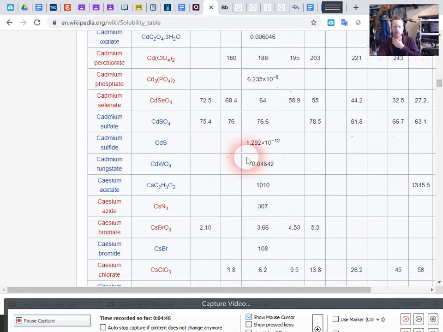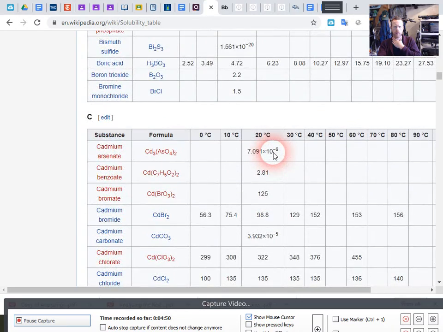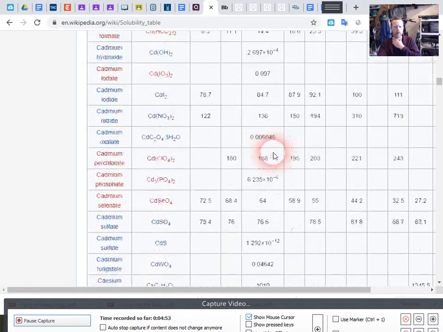Cadmium sulfide. It's insoluble. Yeah, very little.